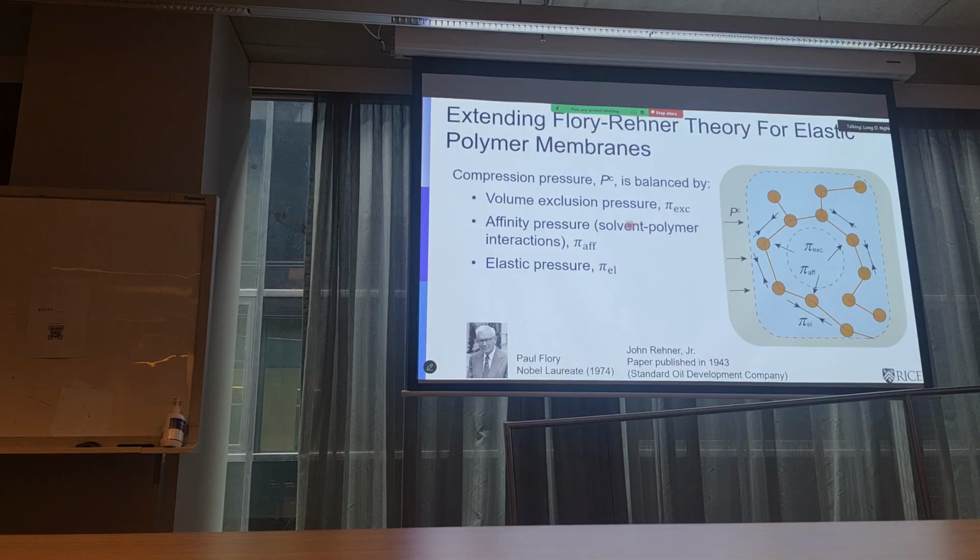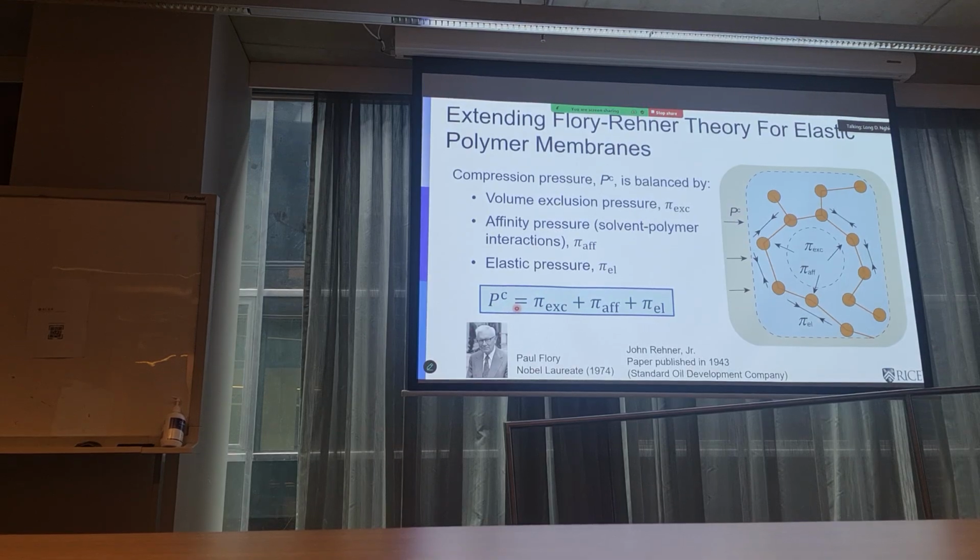Then we have affinity pressure: the solvent interacts with the polymer, and this causes either swelling or shrinking. And then elastic pressure: as you push the membrane, you have elasticity. Here we assume a nonlinear elasticity with a finite stretching up to a certain limit, because in the Flory-Renner theory it's stretched forever until you eventually tear the membrane. We put in a finite stretching. And it's balanced by this equation.